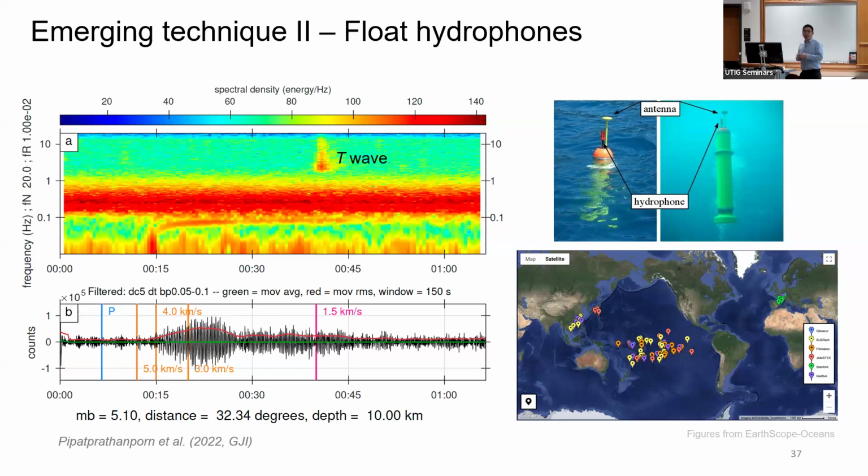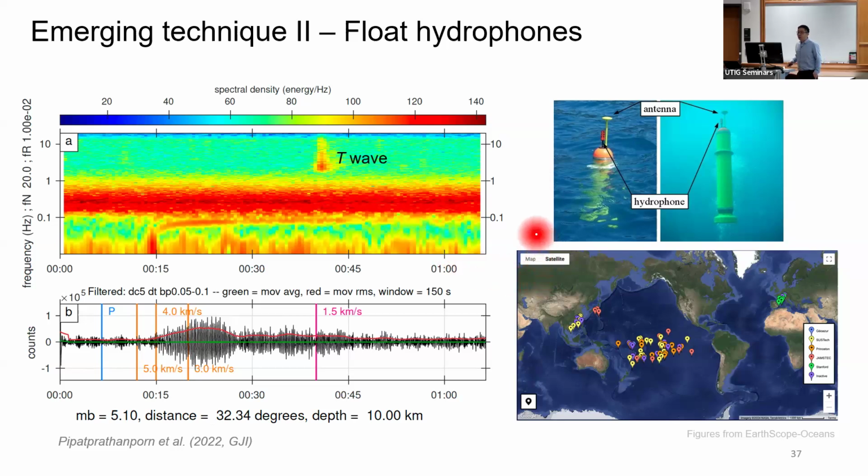And here, another emerging technique, in my view, which is game-changing, is the float hydrophones. So the float hydrophones is the same idea as Argo. Here, we just put the sensor, the hydrophone sensor, in the float like this, and let them drift in the ocean.